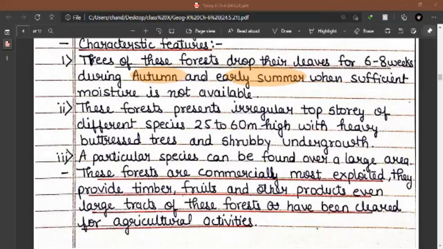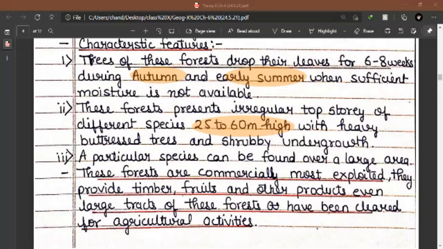These forests present irregular top story of different species from 25 to 60 meters high with heavy buttressed trees and shrubby undergrowth. A particular species can be found over a large area.